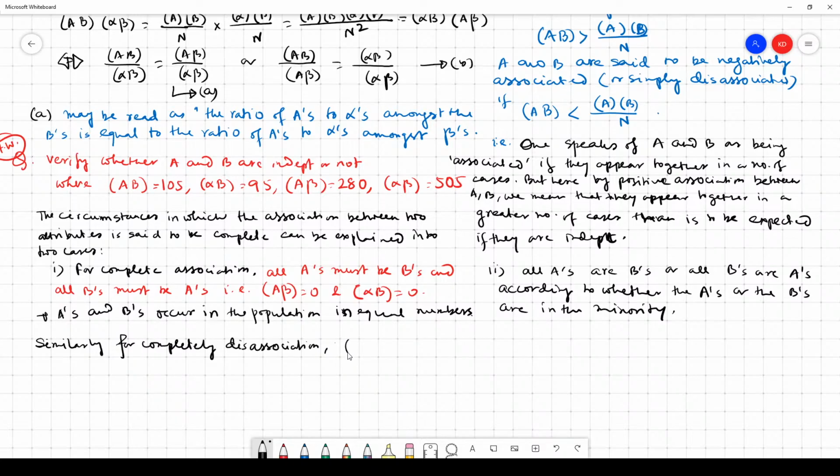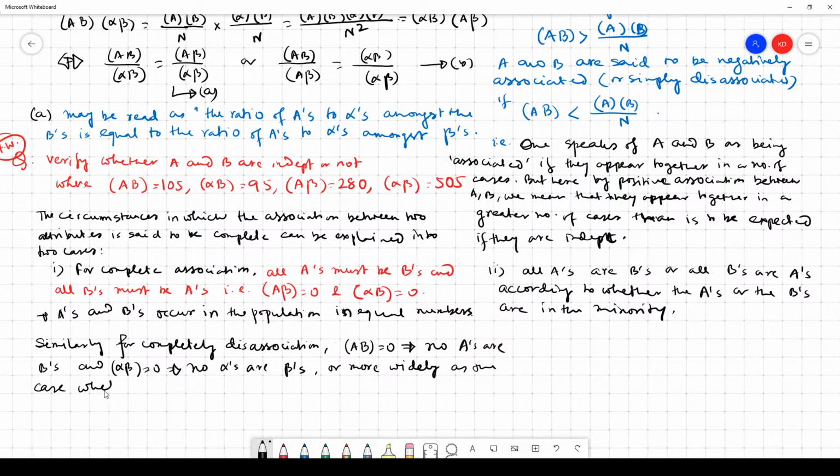That means AB is 0, so this means no A's or B's, and alpha beta 0 means no alphas or betas, or more widely as the case may be, when either of these statements is true.